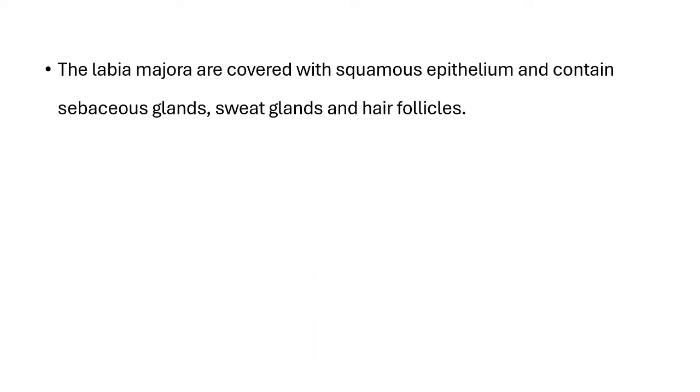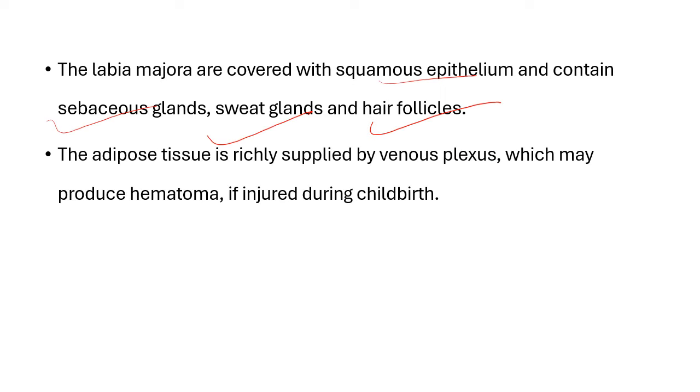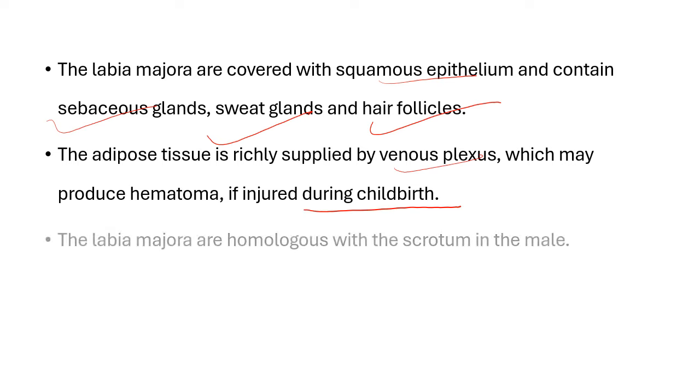The labia majora are covered with squamous epithelium and contain sebaceous glands, sweat glands, and hair follicles. The adipose tissue is richly supplied by the venous plexus, which may produce a hematoma, that is, localized bleeding outside the blood vessels, if injured during childbirth. The labia majora are homologous with the scrotum in the male.